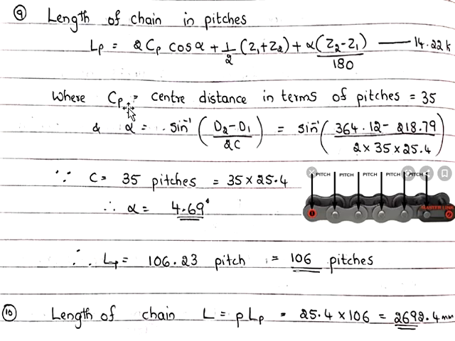In this question, Cp value is 35 and the pitch value is 25.4. Therefore, C value will be 35 into 25.4. Then calculate the length of the chain. The actual length of the chain, as I told you just now, is the pitch value into the length of the chain in terms of pitches.